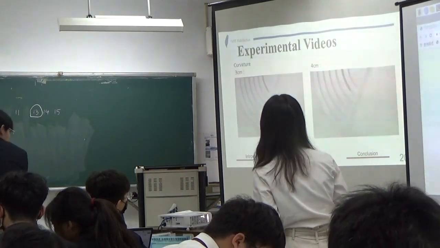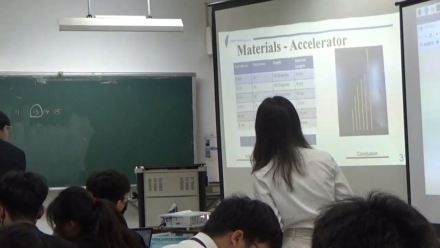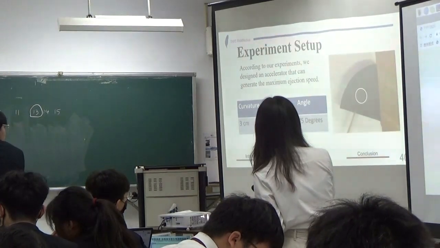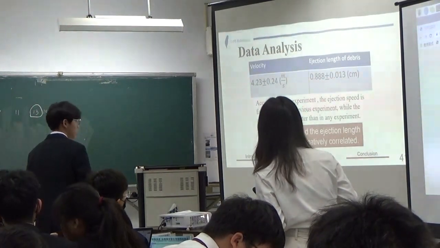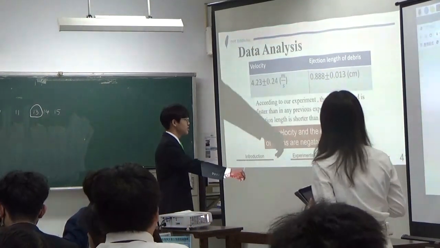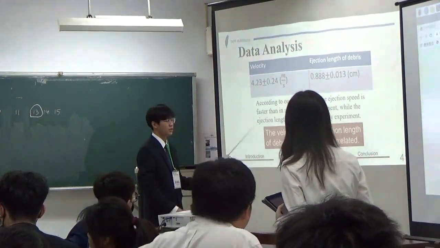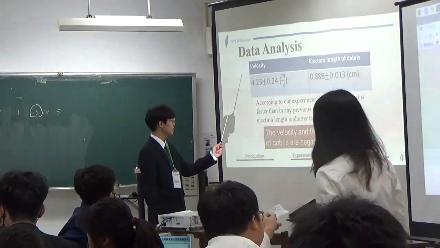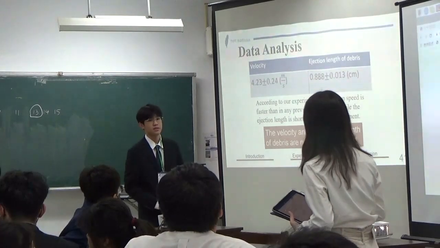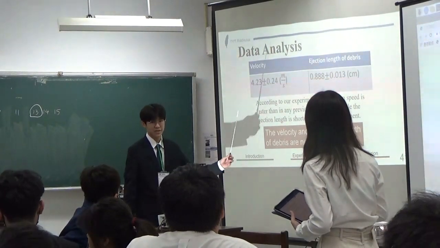Okay. And can you turn to page 41? 41. Yes. Can you briefly talk about the conclusion of this page? Well, this is our accelerator final test, and we designed this accelerator to have a fast velocity. So this is one of our designs.